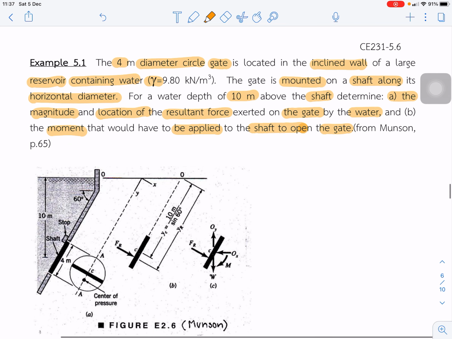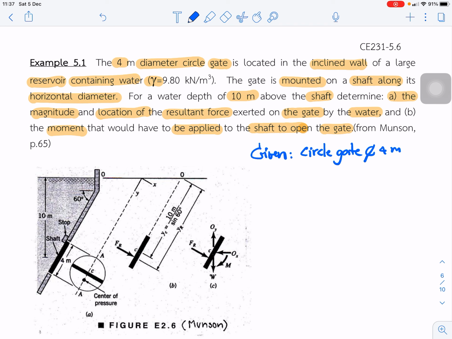Okay, let's write down the given information. The circular gate diameter is 4 meters, and gamma of water is 9.8 kilonewtons per cubic meter.